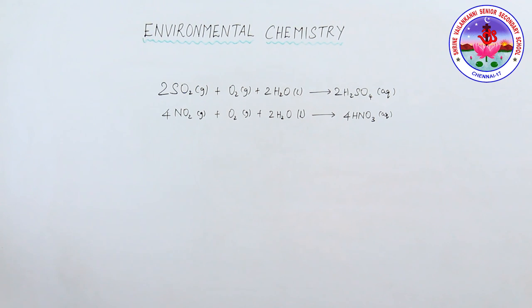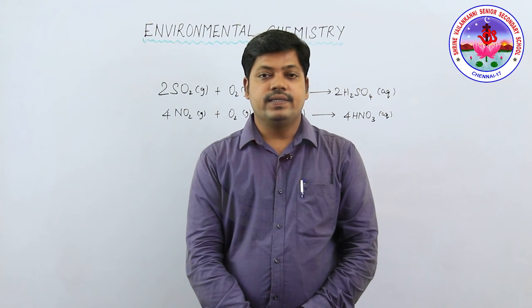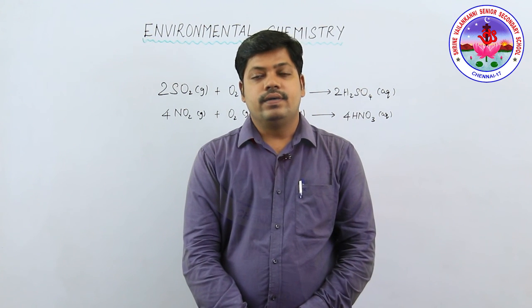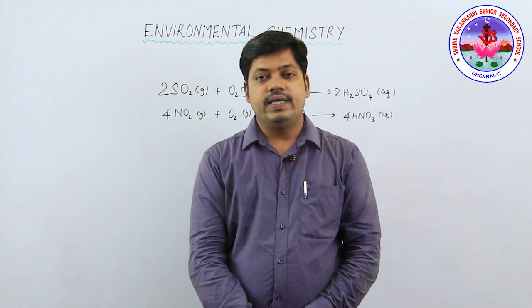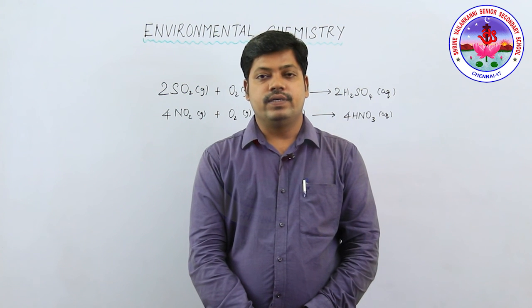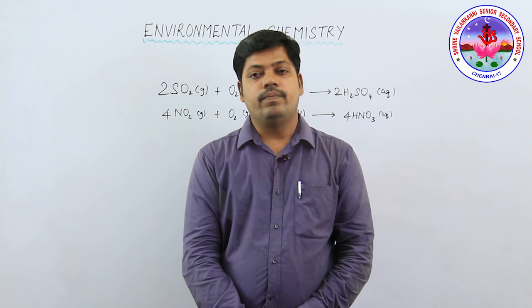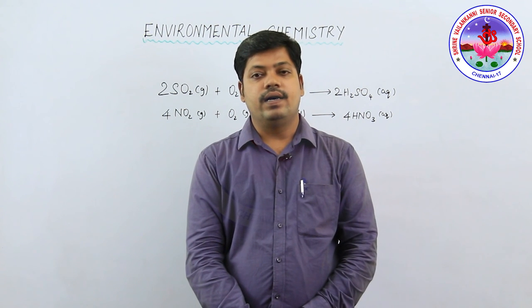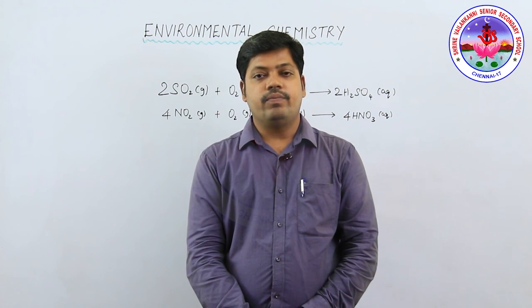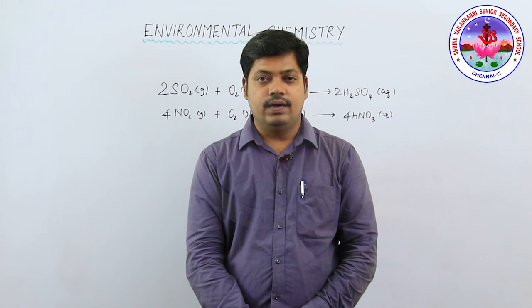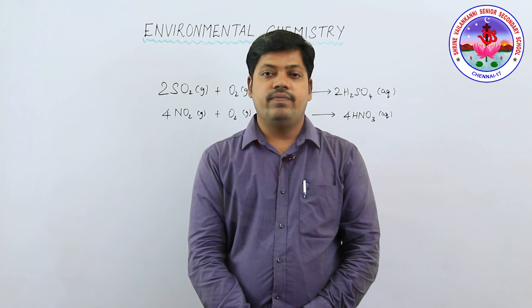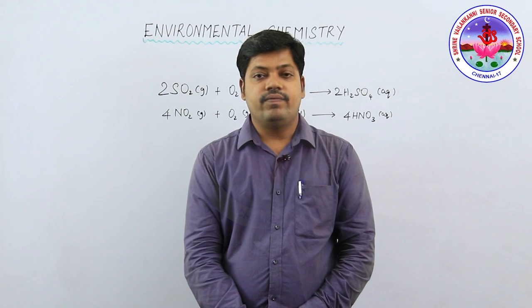In the next class we will discuss particulate pollutants. Hello students, today we discussed environmental pollution, then atmospheric pollution. In atmospheric pollution we were seeing tropospheric pollutants like gaseous air pollution, such as oxides of carbon, oxides of sulfur and oxides of nitrogen.